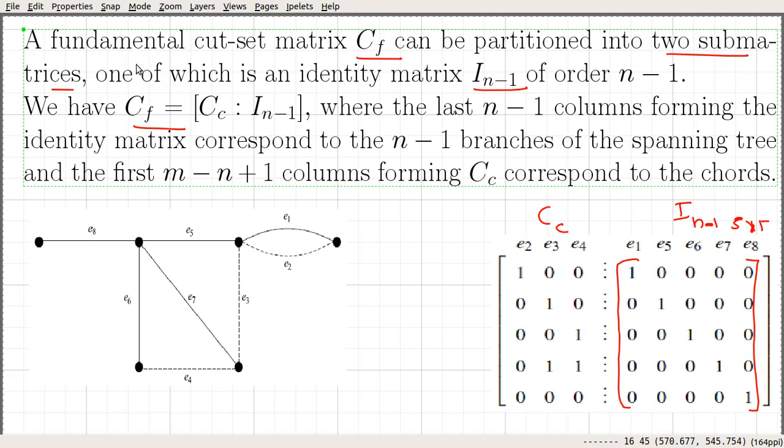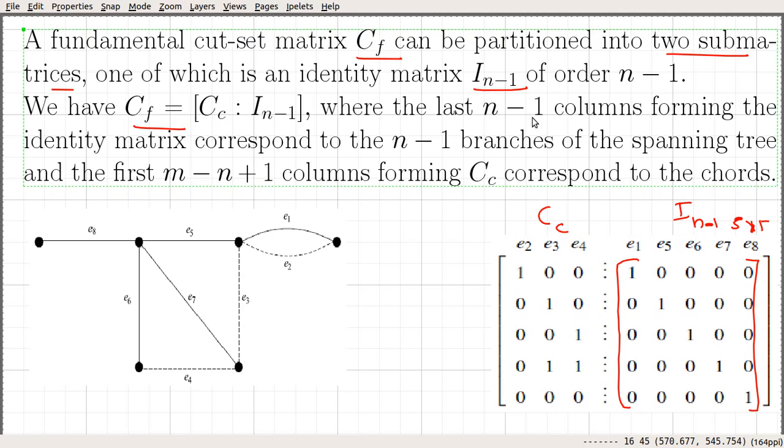So that says a fundamental cut set matrix C sub f can be partitioned into two sub matrices, one of which is the identity matrix I sub n minus 1 of order n minus 1, where n minus 1 corresponds to the number of edges in the branch of the corresponding spanning tree. So we can write C sub f as the concatenation of these two matrices C sub c and the identity matrix I sub n minus 1.